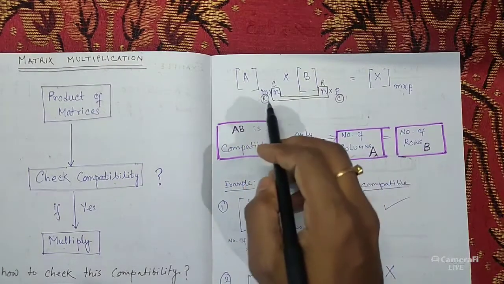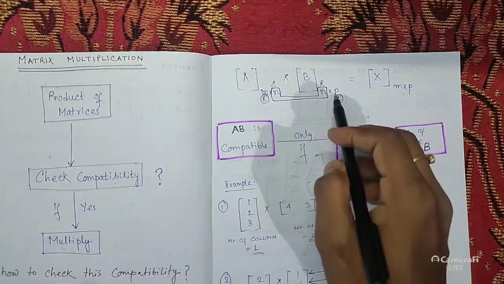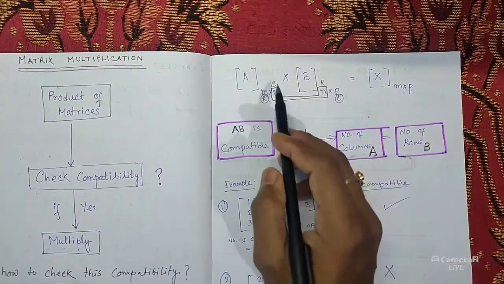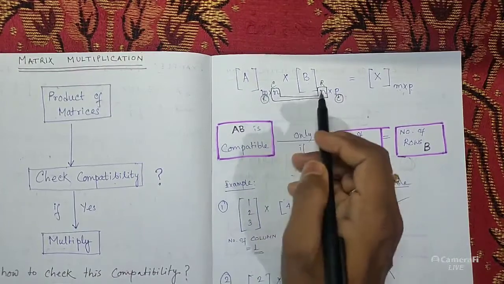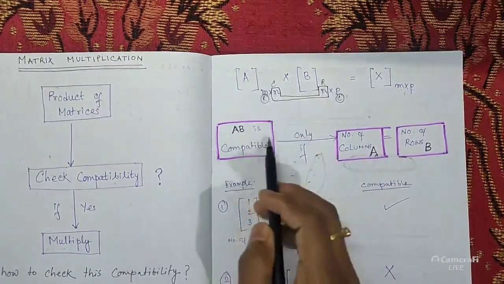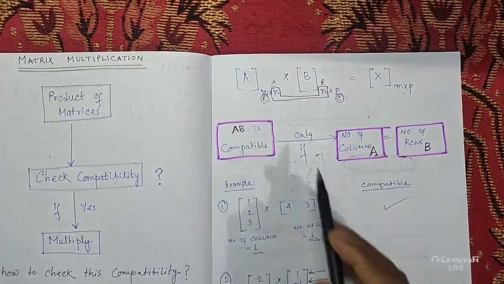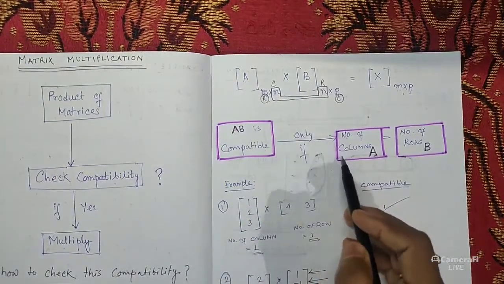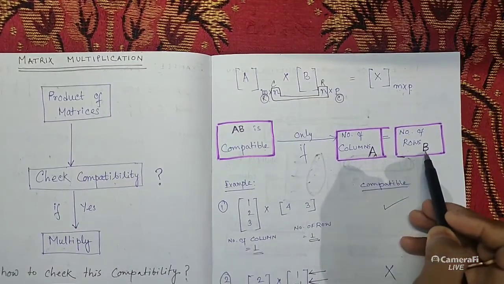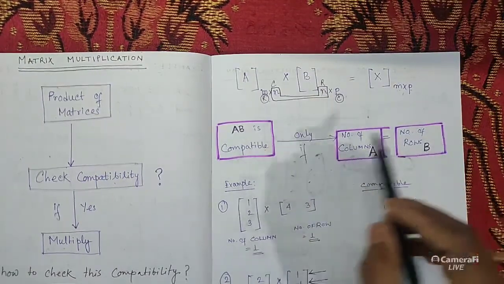So m by n and n by p will give us m by p order. You have to look at this: these two things should be equal. So AB is compatible only if the number of columns of A is equal to the number of rows in B. Okay, just remember these things.